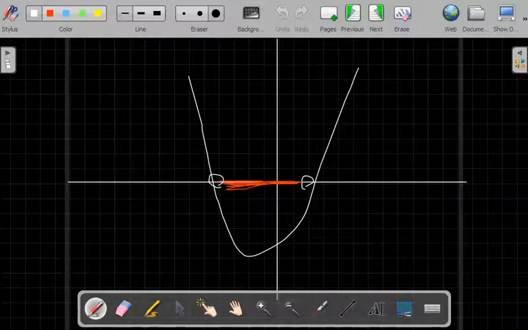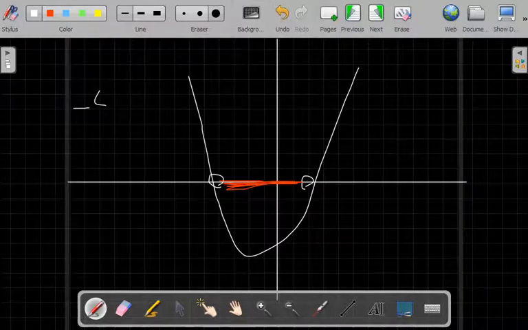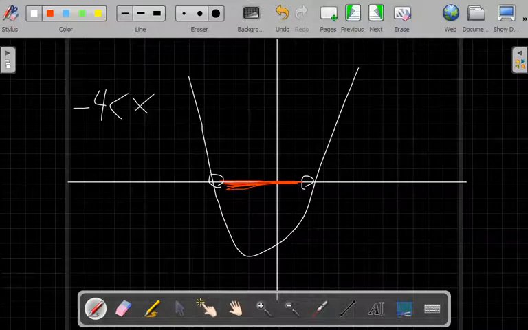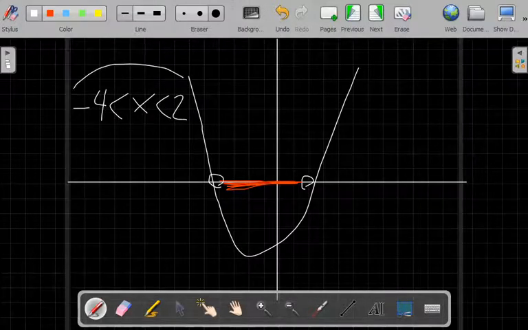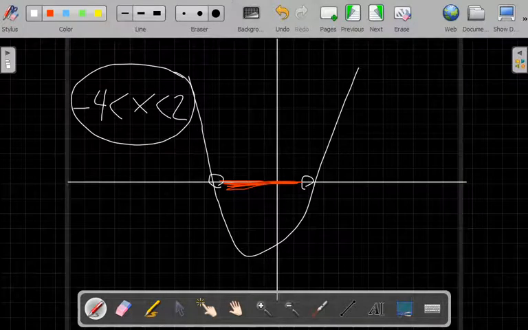We can say the values from negative 4, so x has to be greater than negative 4 and less than 2. That is our answer for this problem.